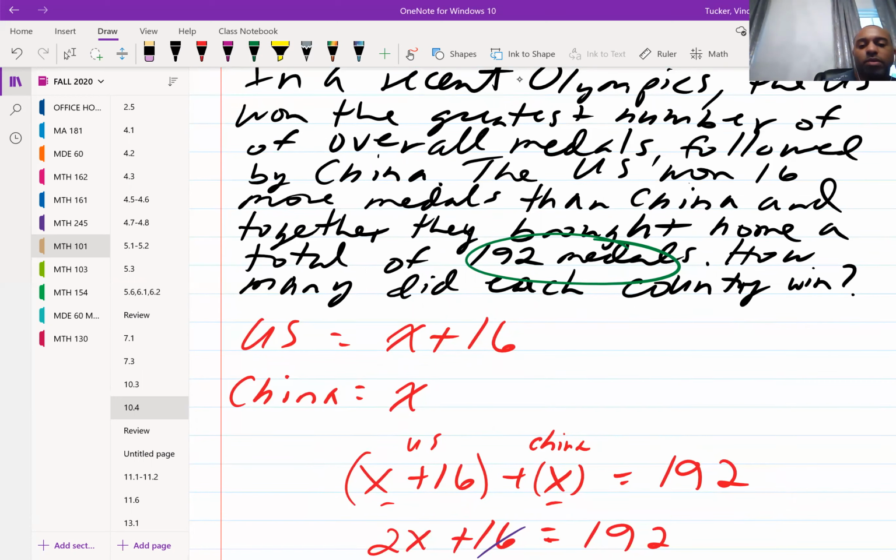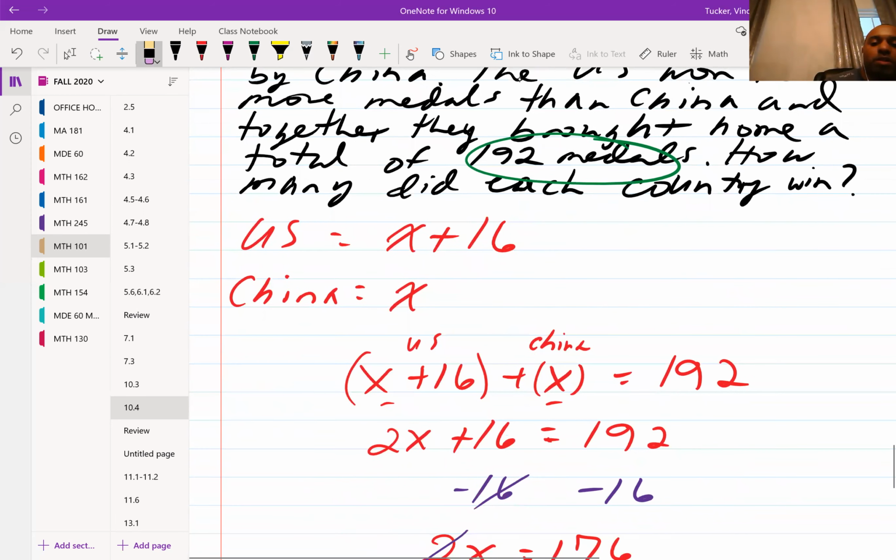Once you have your setup, you can go ahead and solve it the way you would any other equation. Add your like terms together, and that gives you 2X plus 16 equal to 192.